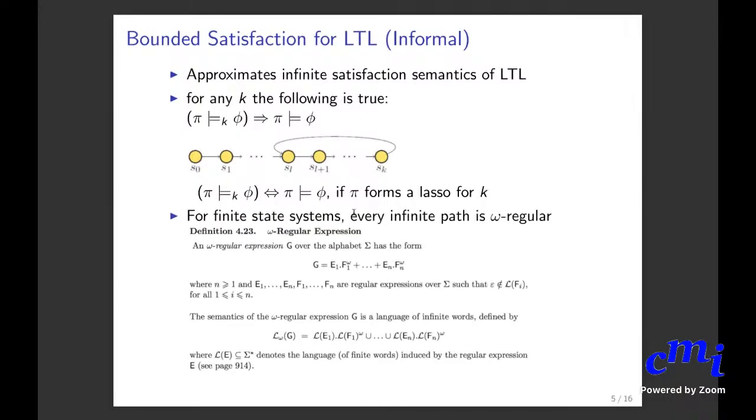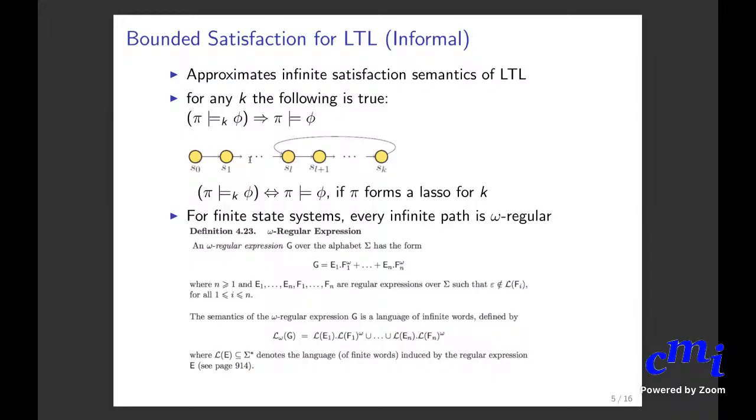Okay. Of course, as you know, for finite state transition systems, every infinite path generated by a finite state transition system must have the shape of a lasso.